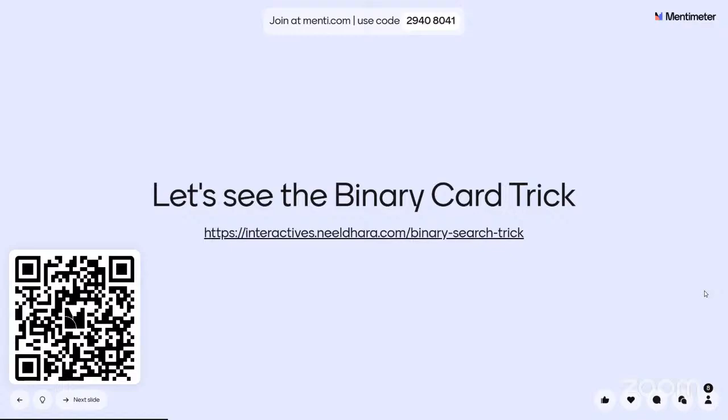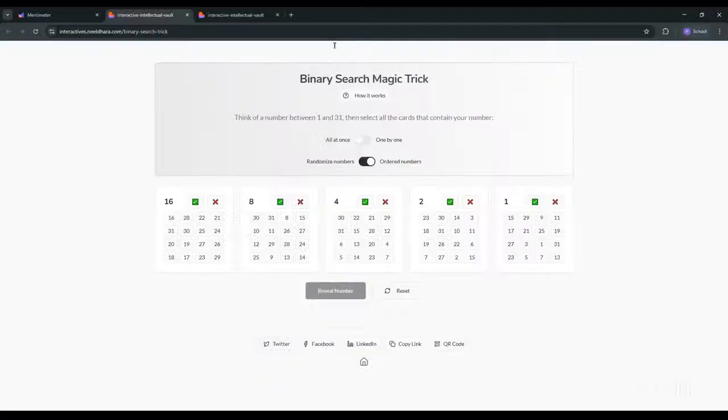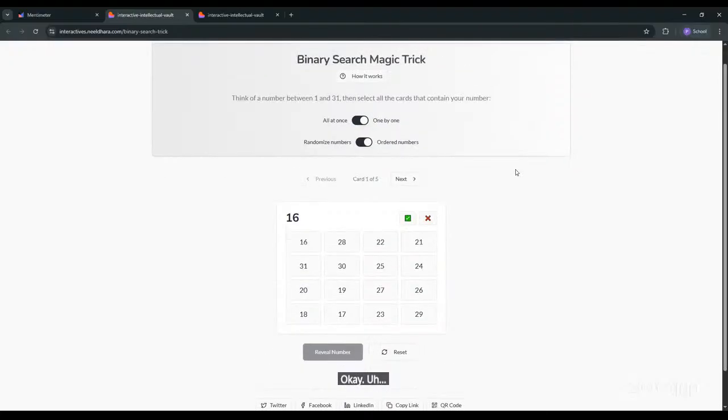Let's first look at the binary card trick. So in the binary card trick, in this example we are thinking of a number from 1 to 31.